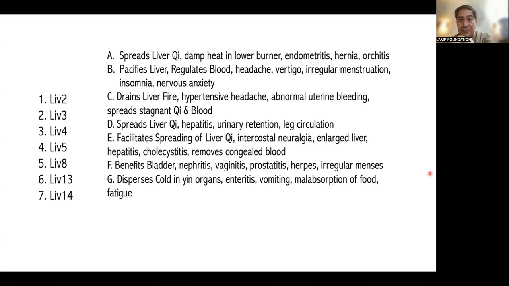Urinary retention. Ibig sabihin, hindi lumalabas yung ihi. Responsible kasi, Doc, di ba, ang liver channel dun sa proper flow ng chi natin sa katawan. If yung pag-spread ng chi hindi maayos, affected niya lahat eh. That's why very important yung pag-aayos o pag dredge nung flow ng chi sa katawan natin, and that is the liver function.